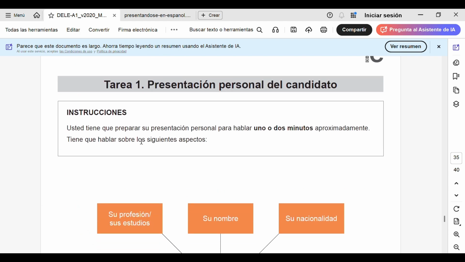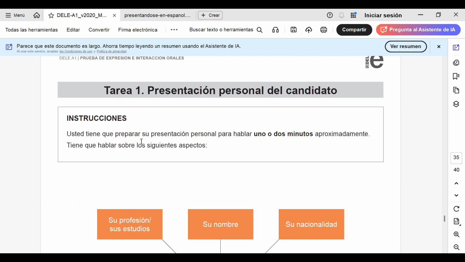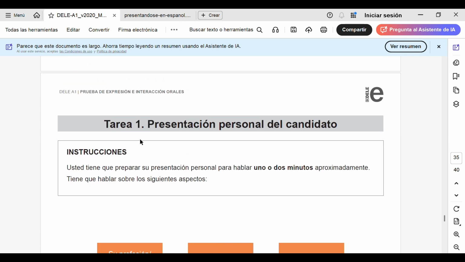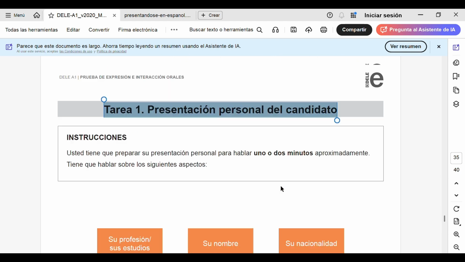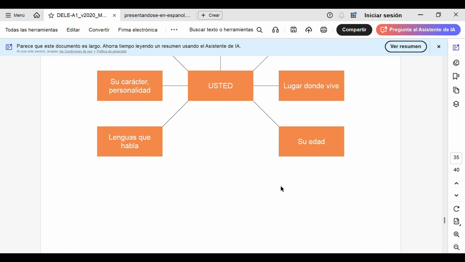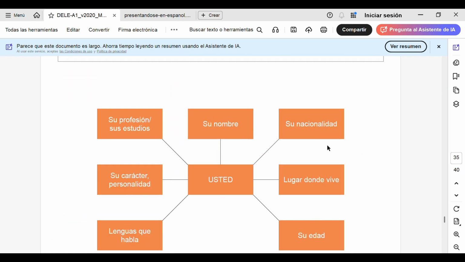So next. For tarea. Oh, this is still tarea 1. But in tarea 1, we already prepared, like I already showed you. But you will also have this paper with you. Okay?